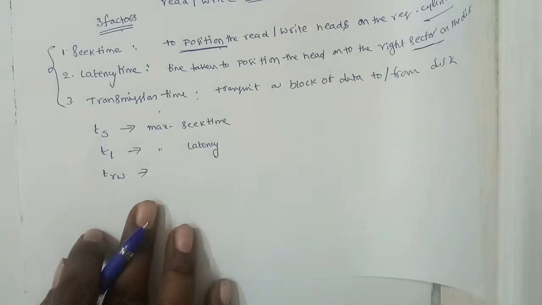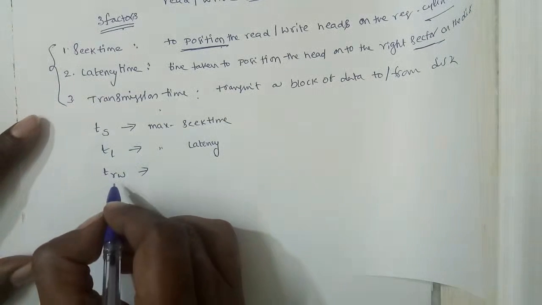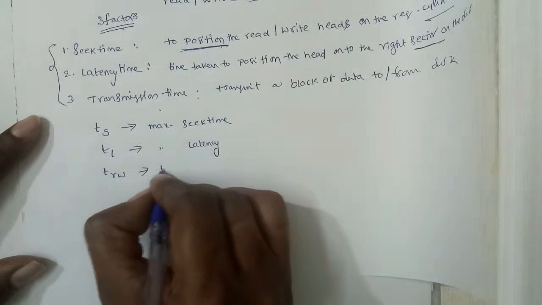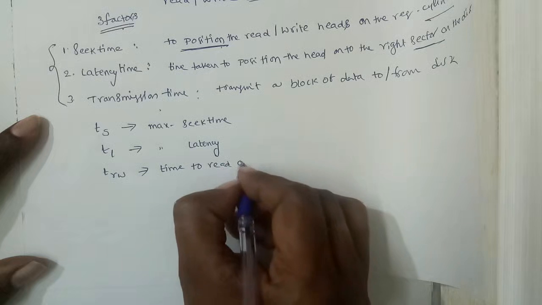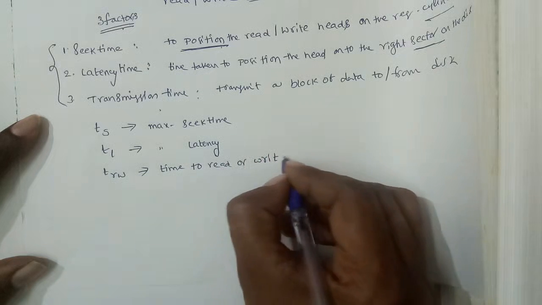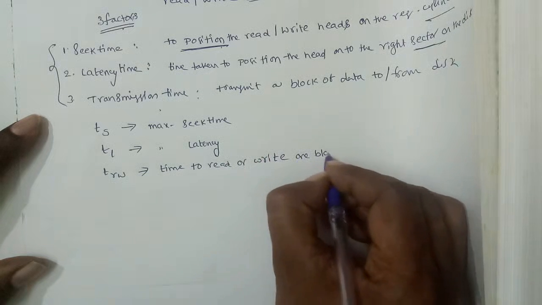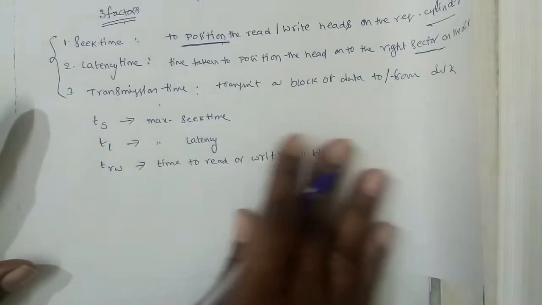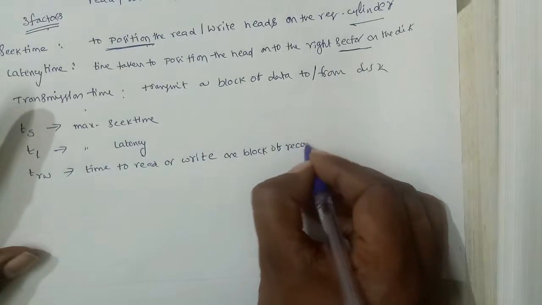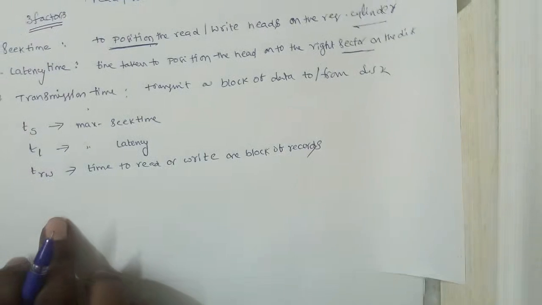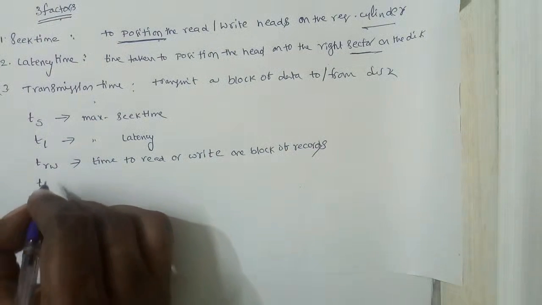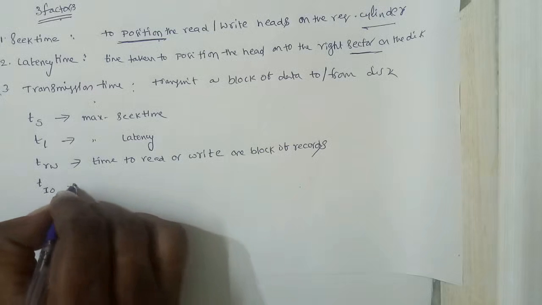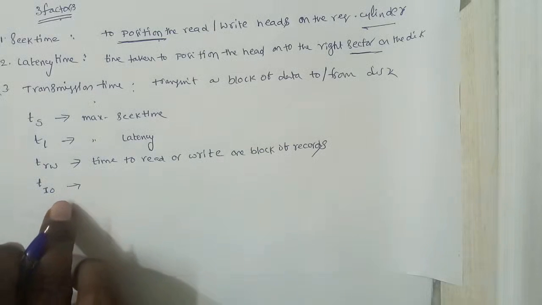Some of the notations are prescribed in the book. TRW means the transmission time, that is, the time to read or write one block of records. Now some more notations. TIO. IO means input output.